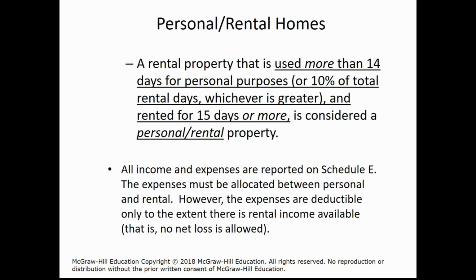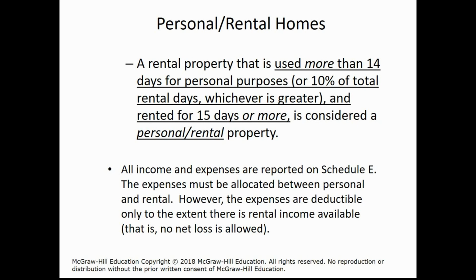Then there's this hybrid, this personal and rental category. If the rental property is used more than 14 days for personal purposes, or 10% of rental days, whichever is greater, and rented for 15 days or more, it's considered personal rental property. And as before, all income and expenses are reported on Schedule E, and then there has to be an allocation of shared expenses.